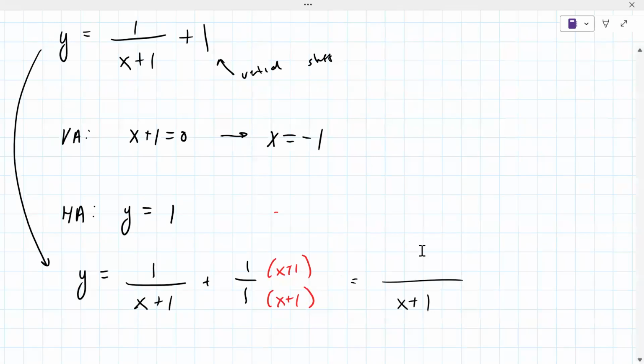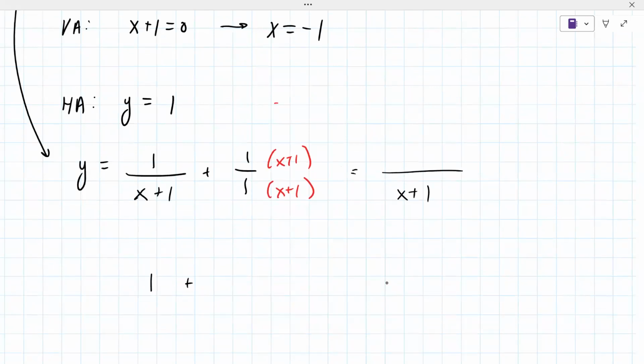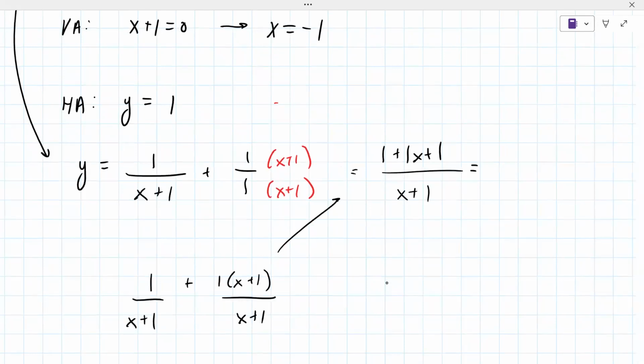Okay, it would be 1 plus 1 times x plus 1. That's right. So what does that simplify to? What are the like terms? Is it 1x plus 2? You've got x plus... Yep. Yep. All right.